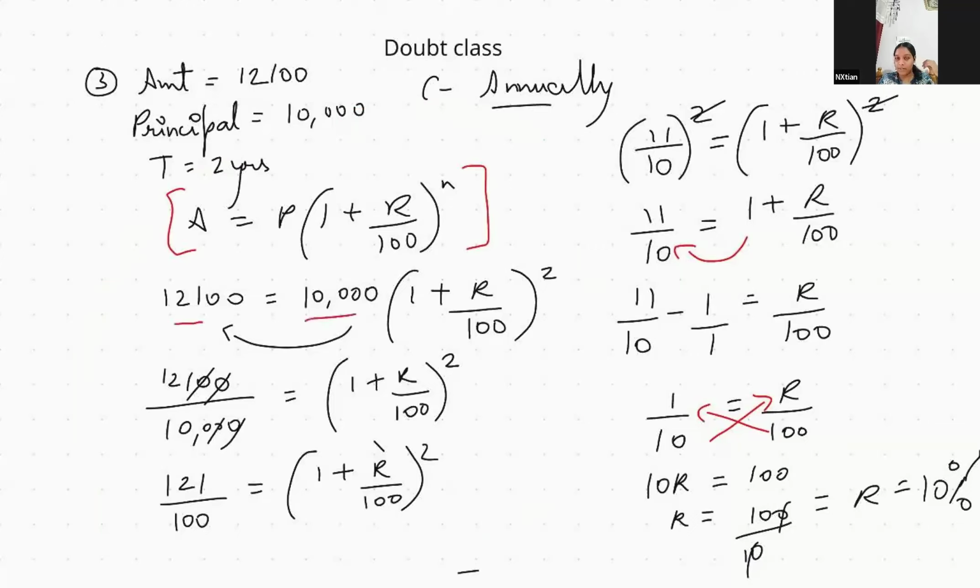Then 1 plus R we don't know, so write R as it is, whole square, n is 2. Then this 10,000 I can take below 12,100. Here it's in multiplication. When I take it to my left side, it will become divide. It will come in the denominator of 12100.